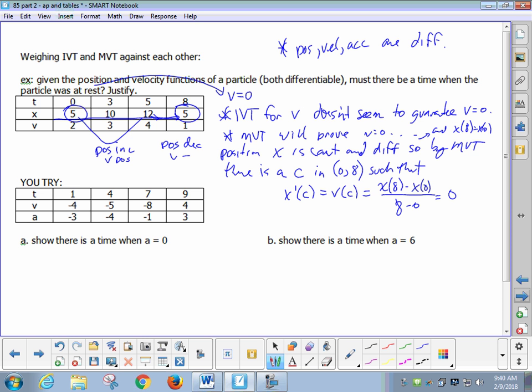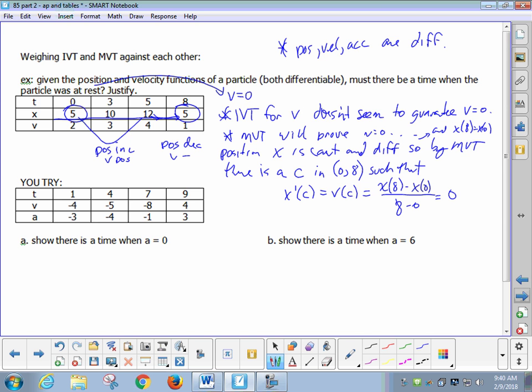Okay? So Danielle's original logic, or at least the way I understood it, we didn't even have to think of the x at 0. We knew that x was increasing and then x was decreasing, so we knew v had to go through 0. So why did we always have to use the average rate of change?